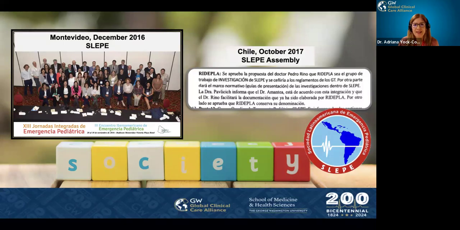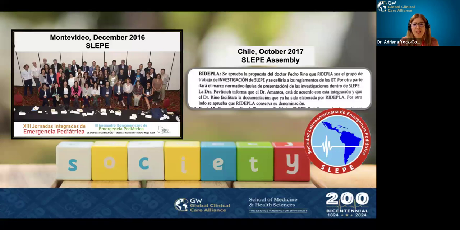This was very important because we put ourselves together. Before the society, we were all working in different pathways, and the society gave us something that put us together, and we started working together in the development of this work.